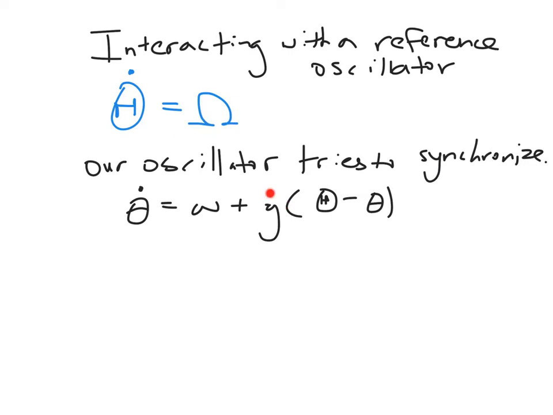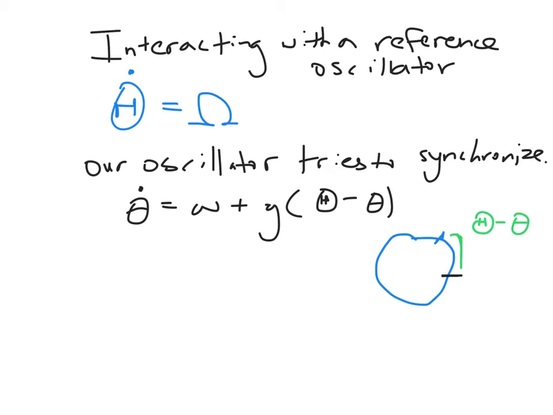And then, in addition, let's say our oscillator can sense its phase difference between it and the reference. Specifically, if here's our phase angle, our reference, capital theta, might be right here, and our actual oscillator might be right here. Their phase difference is capital theta minus lowercase theta.